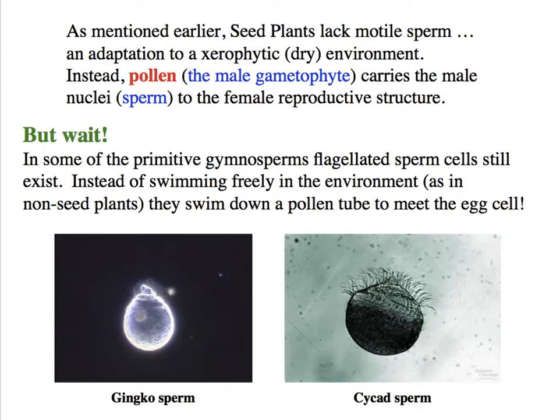But instead of swimming freely in the environment, as we see in the non-seed plants, including the ferns and even more primitive plants like the bryophytes, they swim down a pollen tube to meet the egg. So we still need a pollination mechanism to get that sperm cell to where the egg is found. Examples of plants with flagellated sperm include ginkgo and cycad.